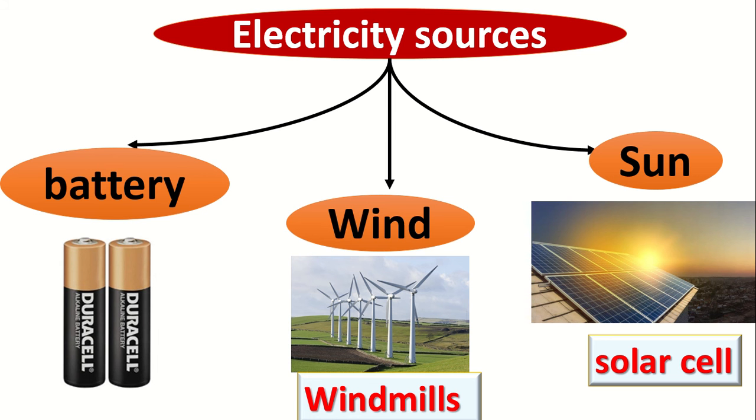How can I get electricity by the sun? By using solar cells. So, how can I get electricity? By three things: battery, wind, and sun. Battery, and wind by the windmills, and from the sun by the solar cells. Excellent.